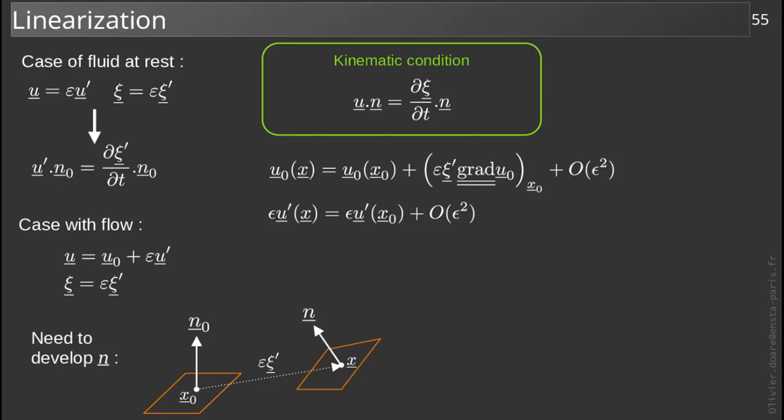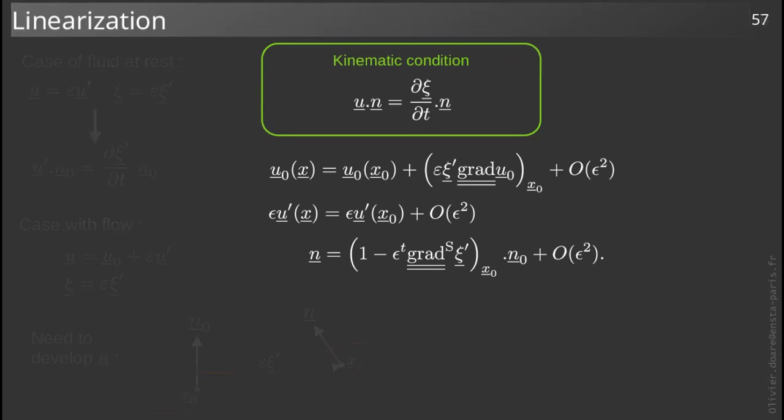Finally, we need to develop the normal to the interface. Without demonstration, we can reuse results from continuum mechanics, which show that during a transformation given by the displacement field epsilon psi prime, the normal goes from n naught to n, and at order 1, a new term expressed in x naught appears. This term involves the surface gradient of psi prime.